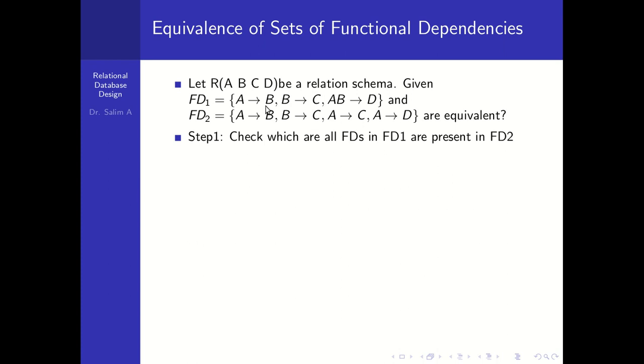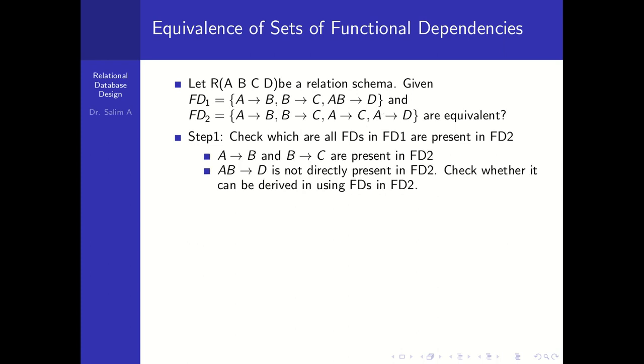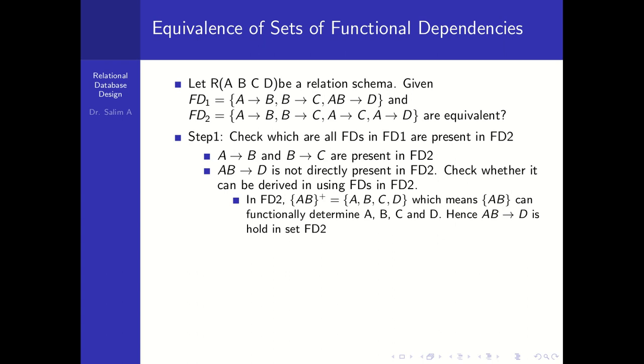A determines B is present here, B determines C is present here. The only FD which is not present is AB determines D. AB is not directly present, so check whether it can be derived using the FDs in FD2. Therefore, in FD2, what is AB closure?